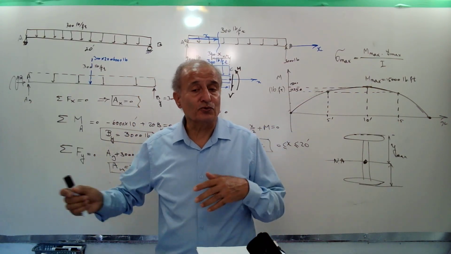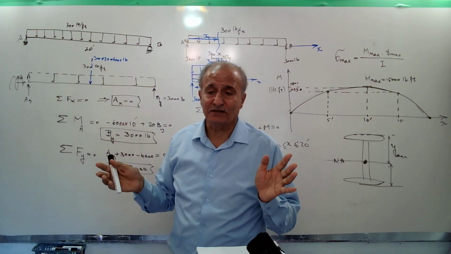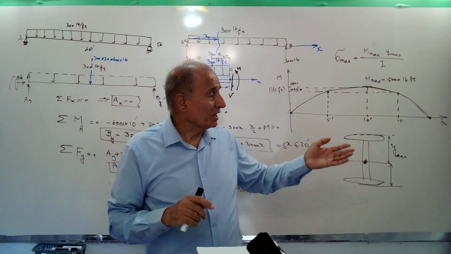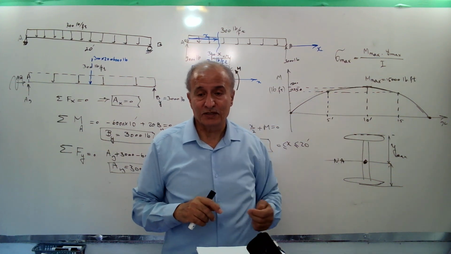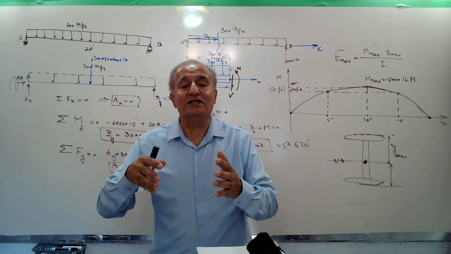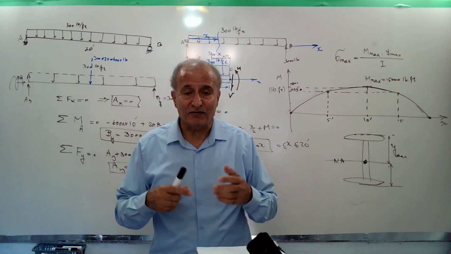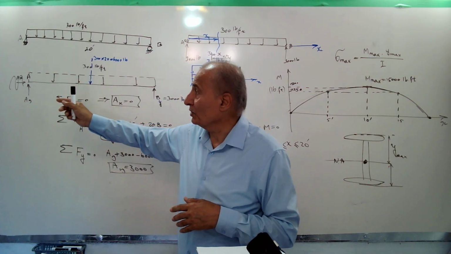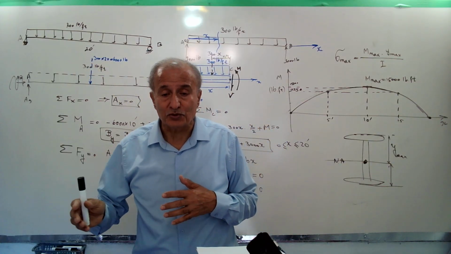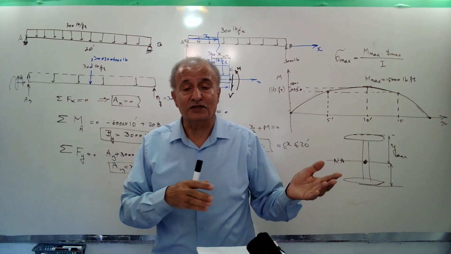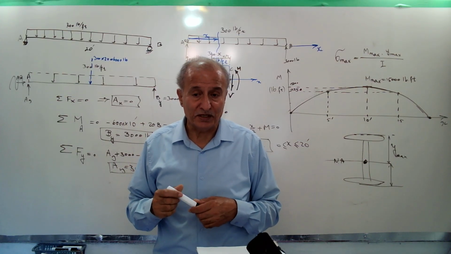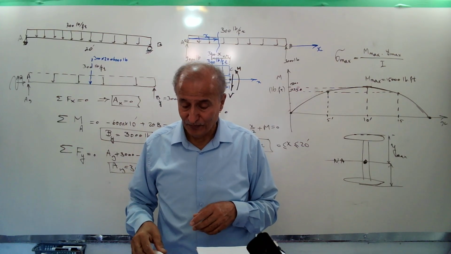Not all beams are so simple. I started from the simplest case, a uniform distributed load, and you see the maximum moment here is 15,000. But some beams are more complicated, as we will see in the next videos, where we add concentrated loads, or a portion is under uniform distributed load and other portions under concentrated load, and also point bending moments.